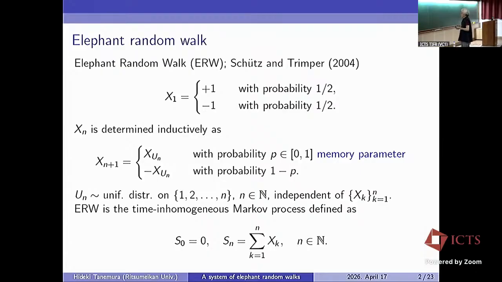And I want to check why this is Markov. The process depends on the memory, and upon n, the number of pluses until n, 1 to n, and the number of minuses until n.